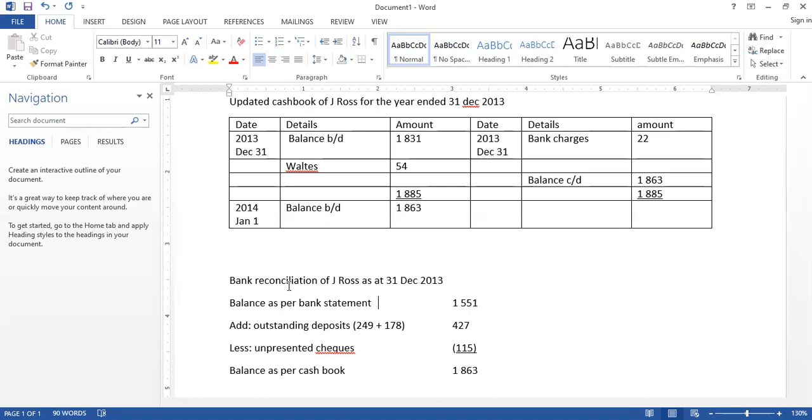Therefore, we will need to cancel out part of the amount. It's like saying the 510 was deducted from our bank account, but in reality only 150 was deducted. So in that case we need to add back, or cancel out, the part of the amount that was wrongly recorded.